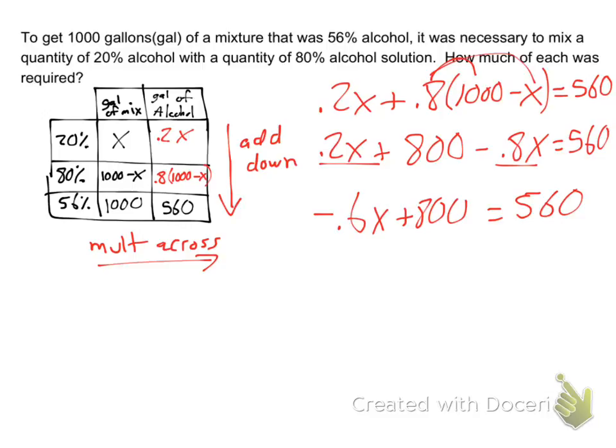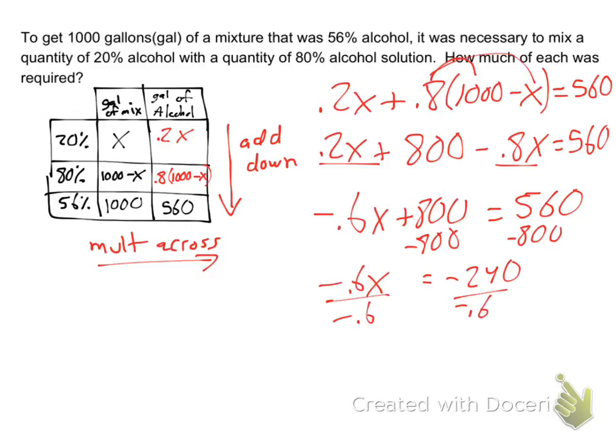Subtract 800, so then you get negative 240 equals negative 0.6X. Divide by negative 0.6. X equals, what is it? 400. 400 gallons of what? Mix. 20%. That's X.